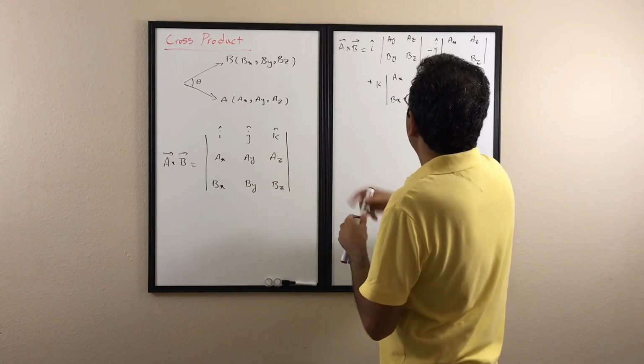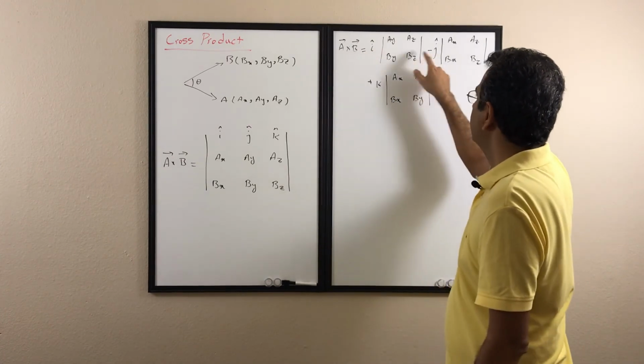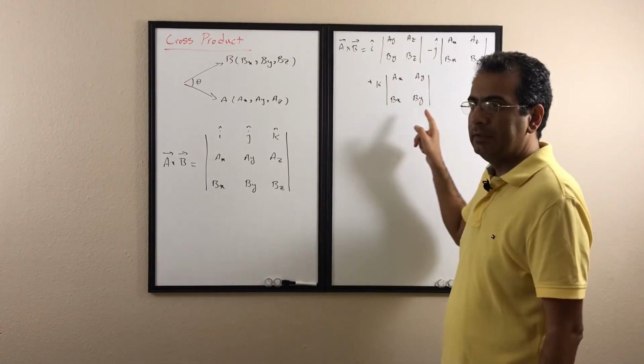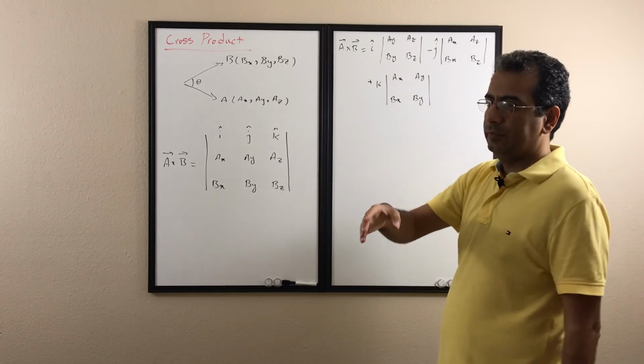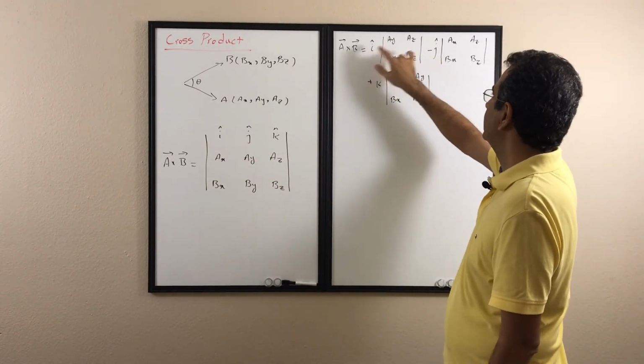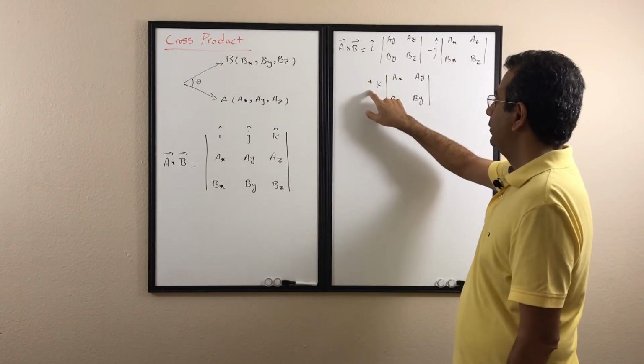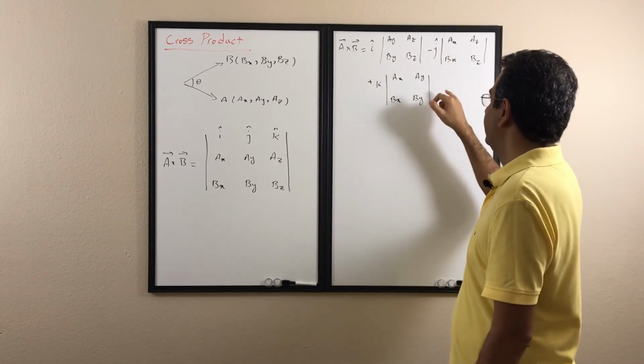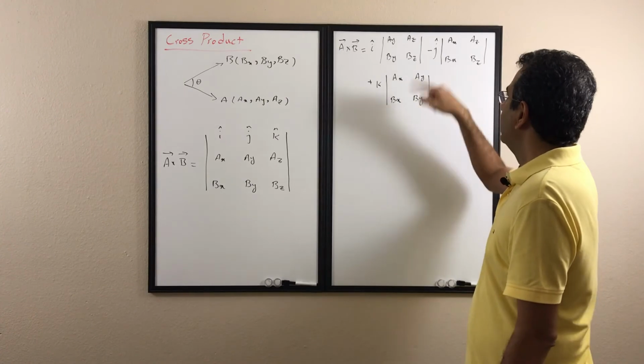Remember, we go one positive, one negative, one positive. If we have more terms, it's going to be positive, negative, positive, negative. So don't forget that the second one is negative.